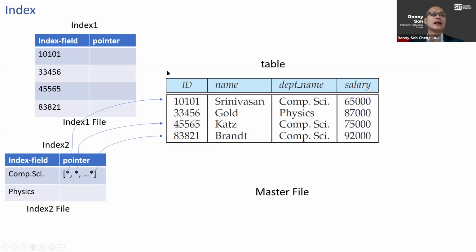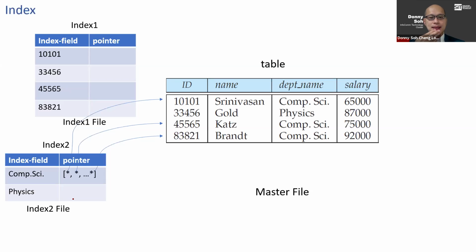Right now we are talking about index. In index, this is talking about 2 indexes, and this is the master file. This is slightly easier to understand. For index 1, there's only one, because it's ID, it's a primary key, so there's only one pointer pointing to each record. In index 2, the index field has multiple records to it.